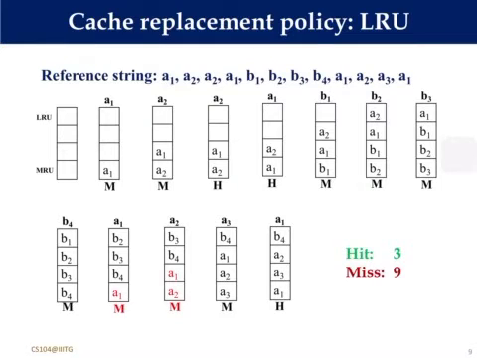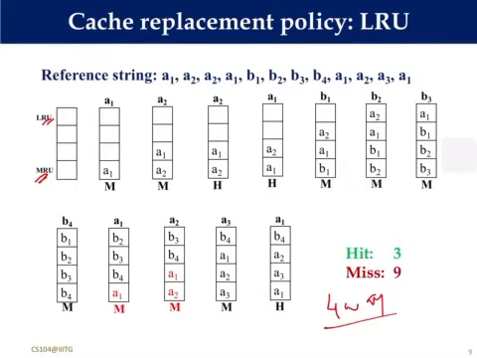If we take the same example, you can have a look and try to figure it out. So here we are assuming that this end is the MRU end, this end is the LRU end of the cache block. Again 4 places, that means 4-way set associative, or if it is a fully associative cache, it has 4 blocks, right?